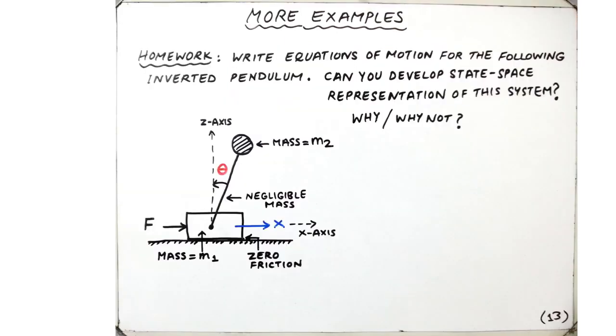As a homework exercise, you will be required to solve a variant of an inverted pendulum, which is a more familiar version of the inverted pendulum problem, in which we assume that the mass of the pendulum rod is negligibly small, so it can be taken as 0.